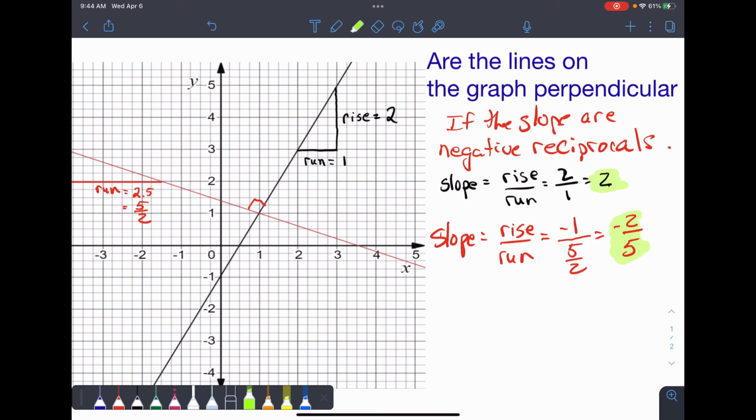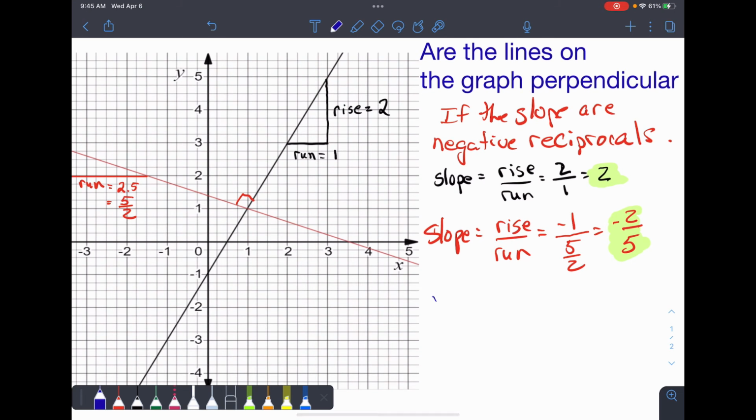Are these two negative reciprocals of each other? Well, remember, if we have a number a, then the negative reciprocal is equal to -1 over a. So in the first line, the black line, the negative reciprocal of 2 is negative 1/2.